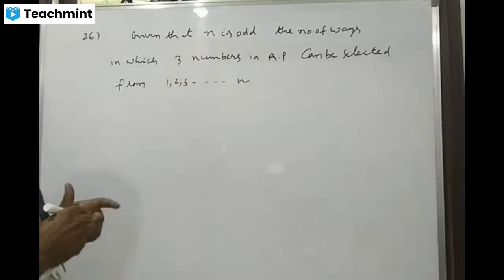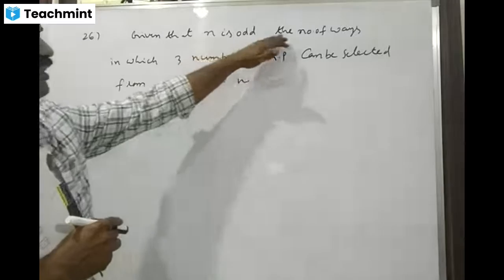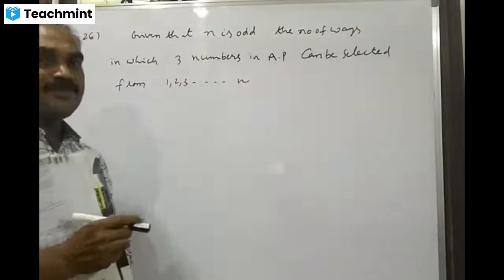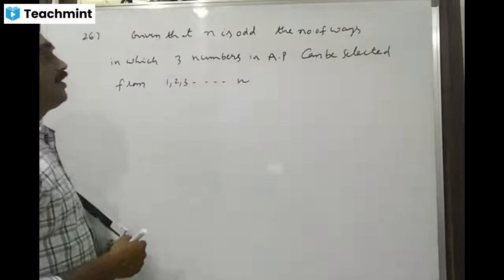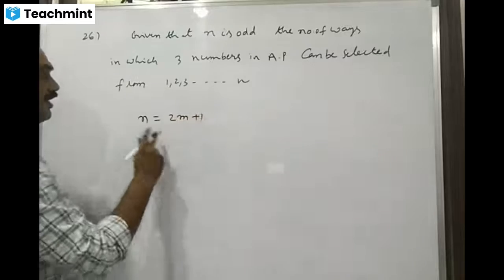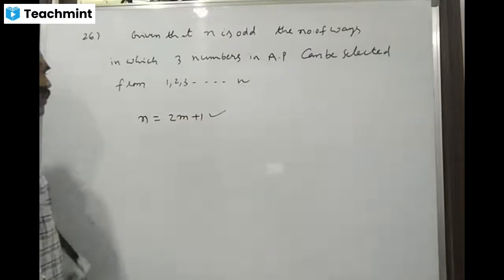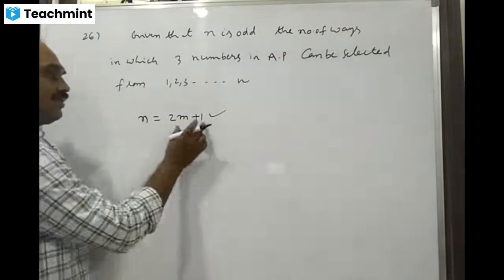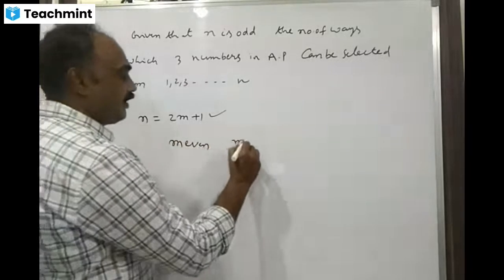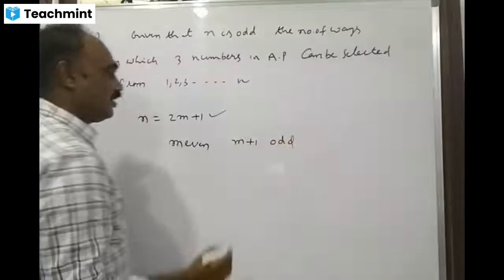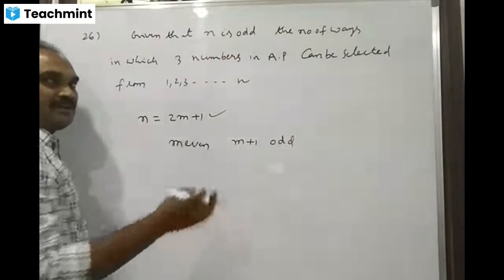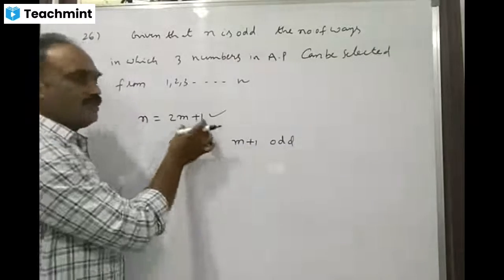So here n is odd. Given that n is odd, the number of ways in which three numbers in AP can be selected from n numbers. Friends, here three numbers are in AP. Since n is odd, I am taking n as an odd number of the form 2m plus 1.